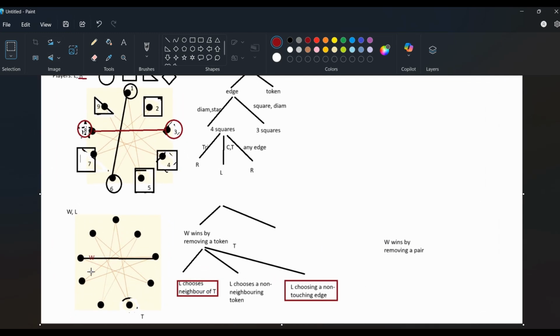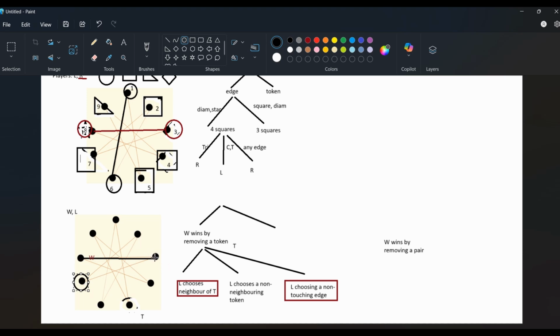Is there a possibility for player L to be playing a neighboring vertex? Could player L be playing this, letting W win? Because if L played this, W would just win.